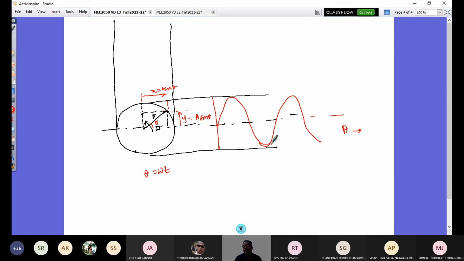This angle is 0, this is pi by 2, this is pi, this is 3 pi by 2, and this is 2 pi. So from 0 to 2 pi, it's a 2 pi radians displacement, and that is equal to omega t for one cycle, and then t is equal to 2 pi by omega. We define it like that.